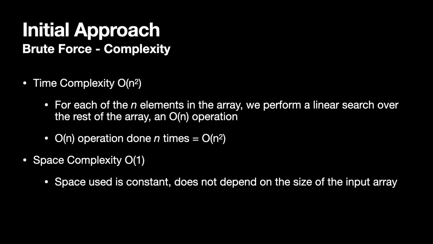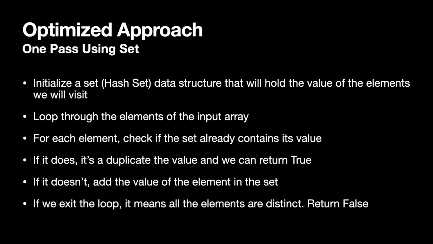For that reason, let's now look at an optimized solution to this problem that will have a better time complexity. We can solve this problem in one pass by using the set data structure. This approach would look as follows. Start by initializing a set that will hold the value of the elements we will visit.